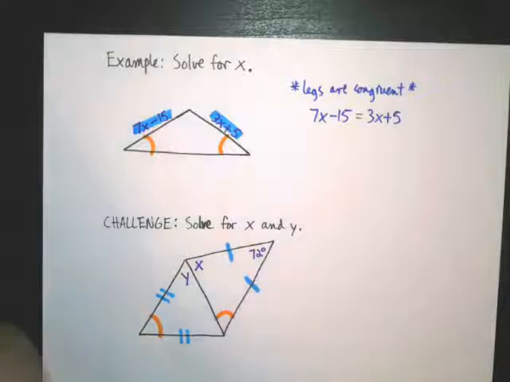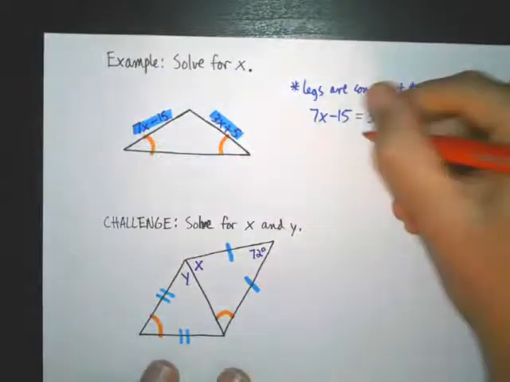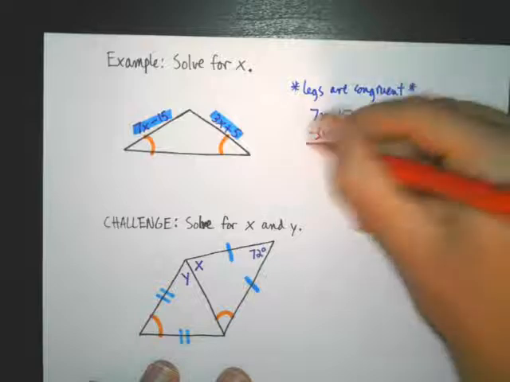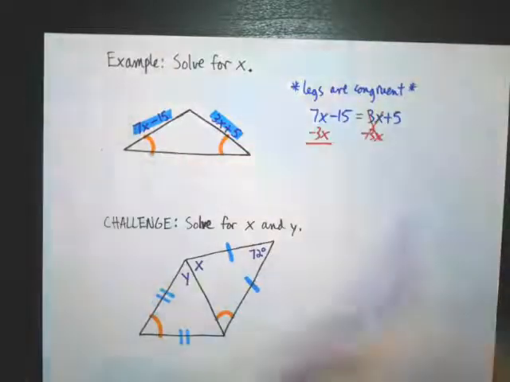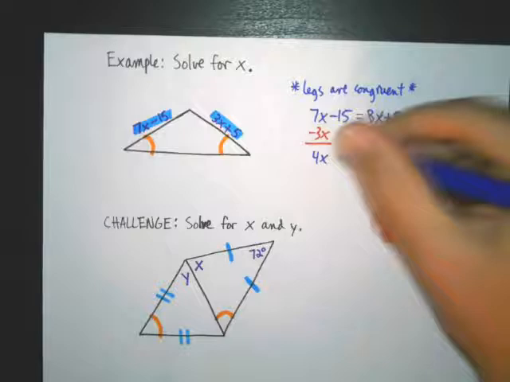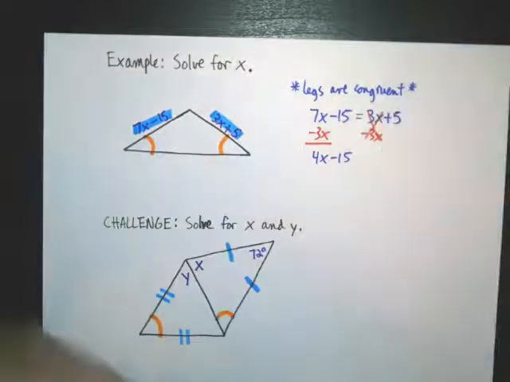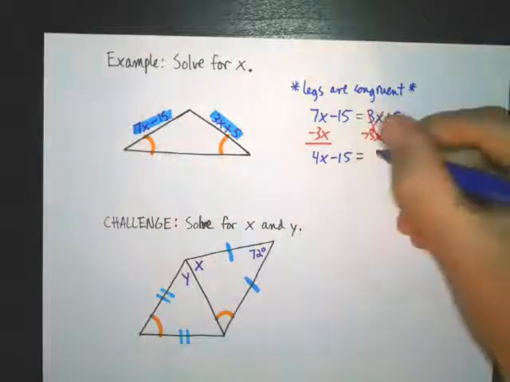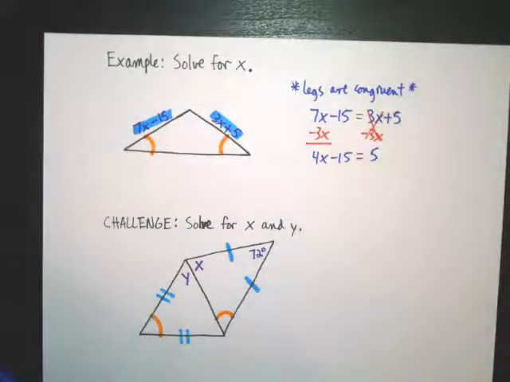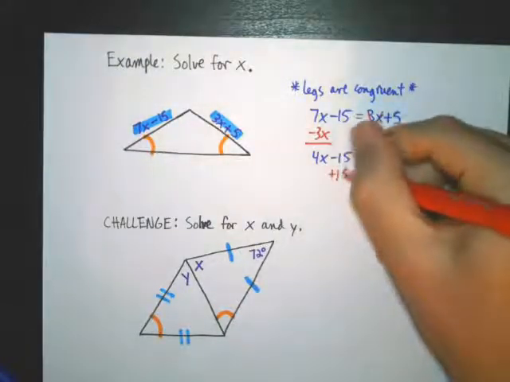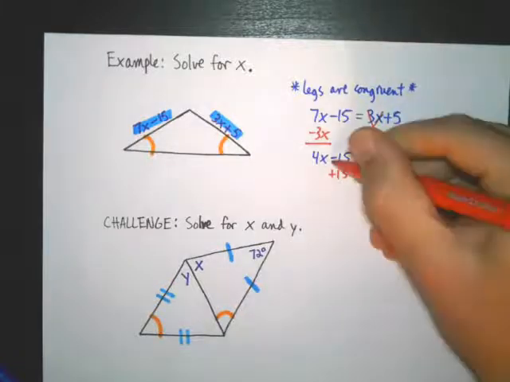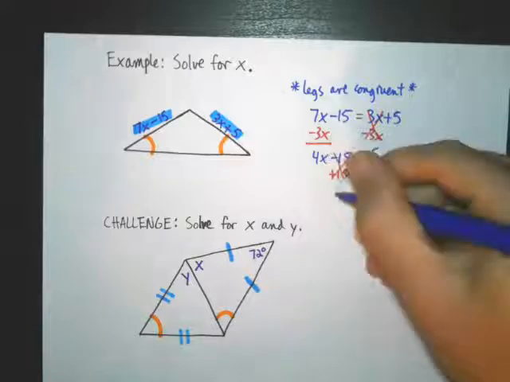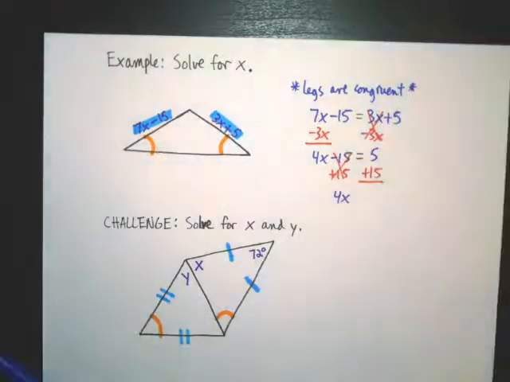And then I'm going to solve. I'm going to start solving by subtracting 3x. Get 4x minus 15 equals 5. Add 15. Takes care of that. 4x equals 20.